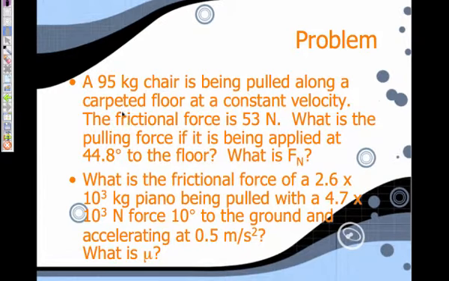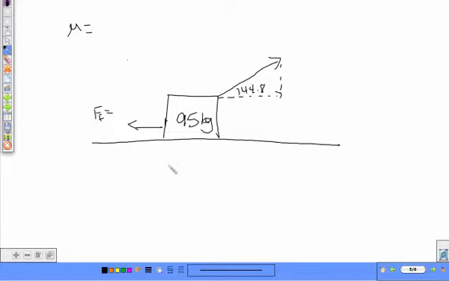95 kilogram chair, it tells you the frictional force is 53 newtons. And then the angle. Coefficient of friction, remember, is mu, so if we ever do see that, yeah, we'll do several of those.